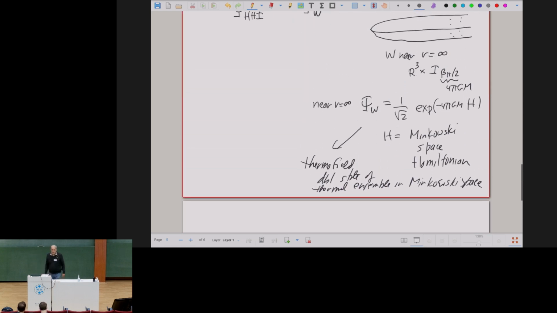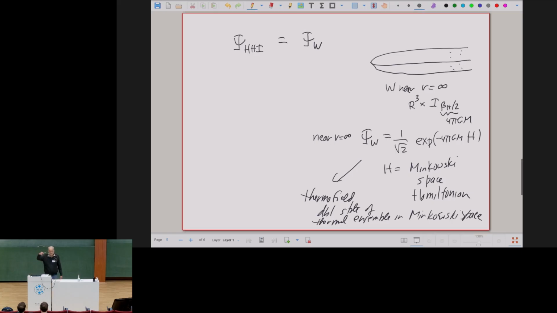It's not e to the minus beta H, it's e to the minus beta over 2 times H. So the density matrix would be e to the minus beta H. The thermofield double state is the square root of the density matrix, so it's e to the minus beta over 2 times H. And here we're getting the square root of the density matrix, because to get the density matrix, we'd have to go all the way around the circle, but here we've only gone halfway around.